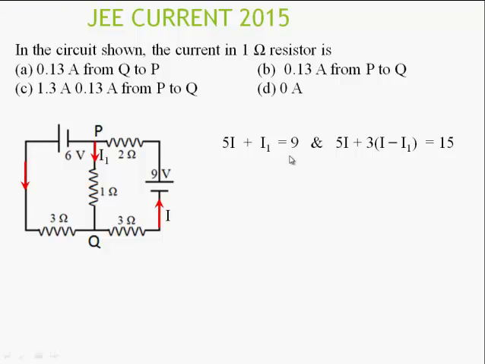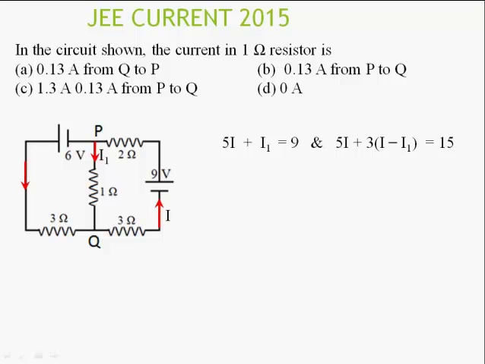Also I can take the bigger loop: 3 plus 2, 5I, plus 3 times the current in this branch, which is I minus I1, since I comes from here and I1 goes here. So 5I plus 3(I minus I1) is equal to 15.